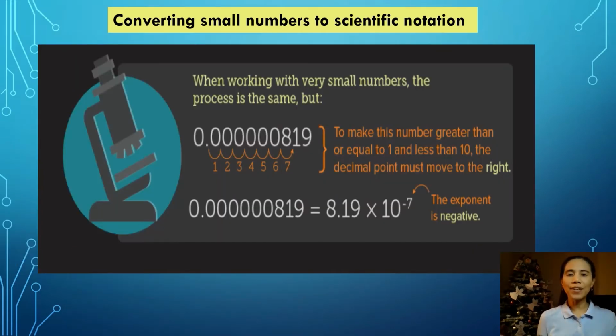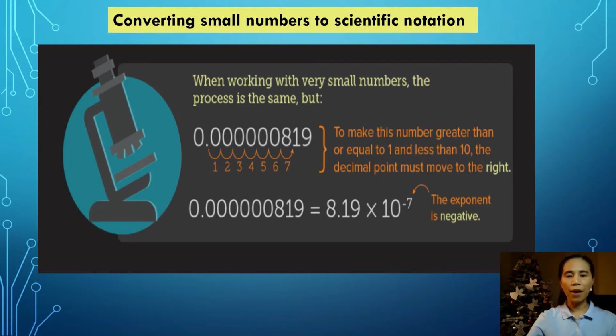How about converting small numbers to scientific notation? Well, the process or the steps are the same. However, to make this number greater than or equal to 1 and less than 10, the decimal point must move to the right. So it means that from left, you have to move to the right. Taking a look at our example, which is 0.000000819, we can start from the decimal point, which is there already.